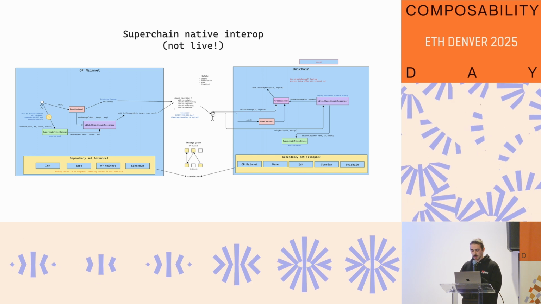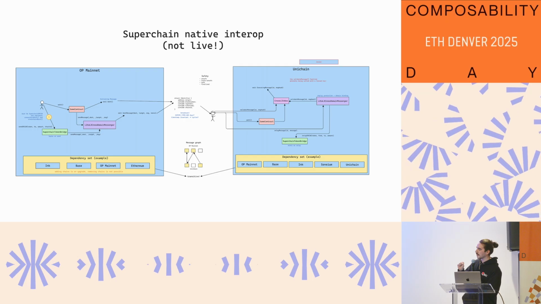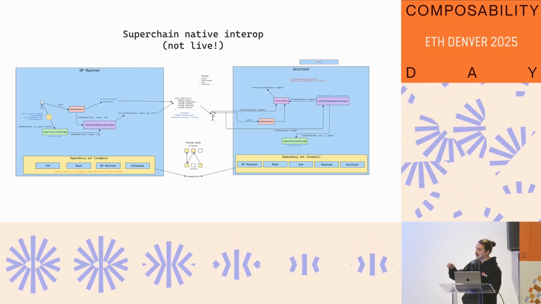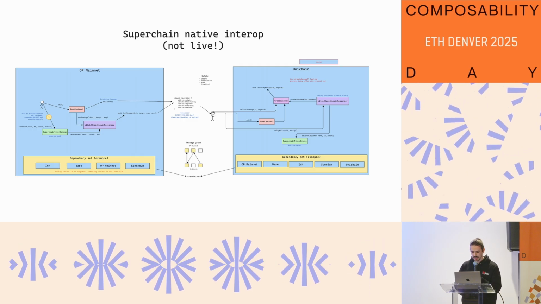This contract will make sure that the derivation of the chain will not include an executing message if there is not a valid initiating message on the other side.